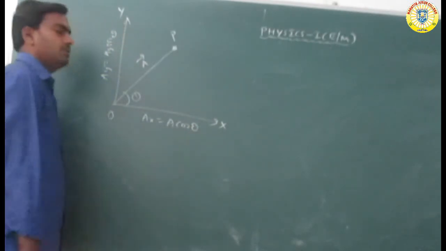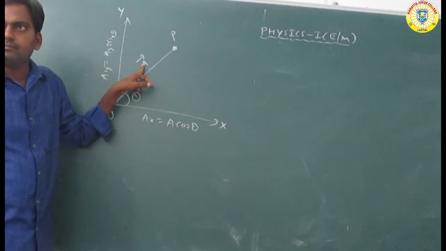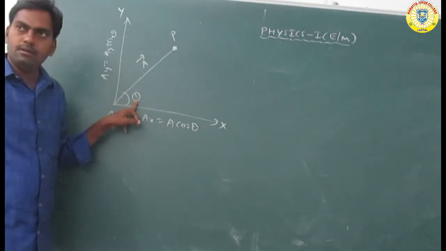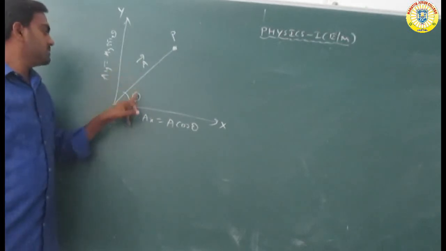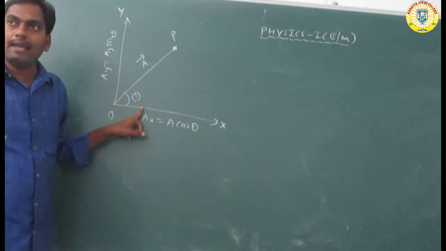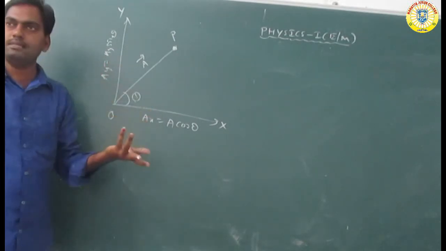Ax and Ay are right angles to each other, right meaning 90 degrees.